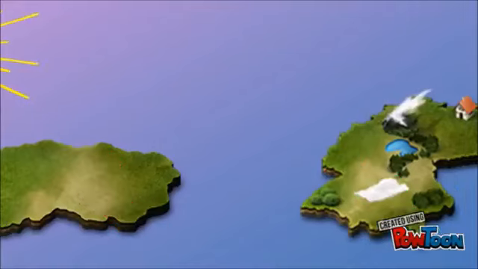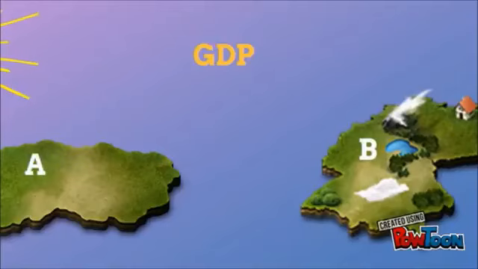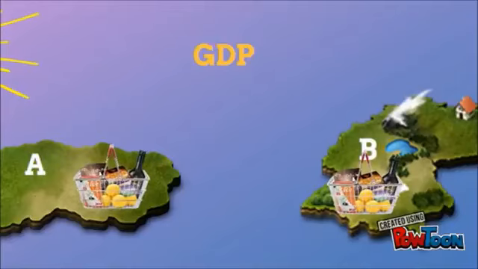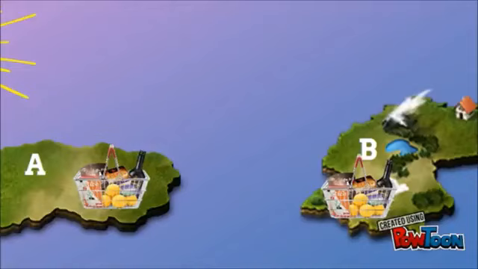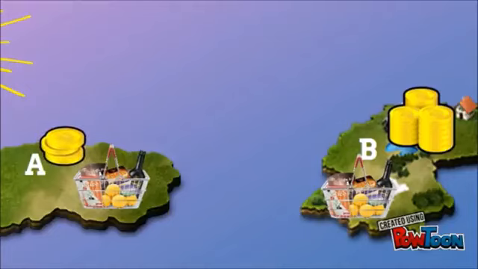PPP is often used to make a more accurate comparison between two countries' GDPs than can be made using market exchange rates. For example, let's look at country A and country B, where each of them produces the same amount of goods in a given year. Thus, the GDP should be the same for each country, but because country B manipulates its currency on the world market, its currency is artificially high compared to country A's currency.